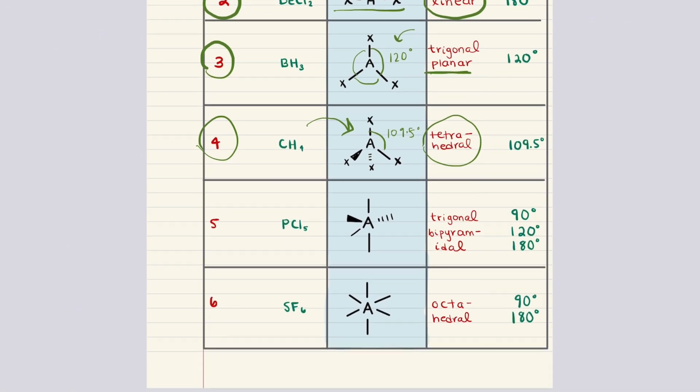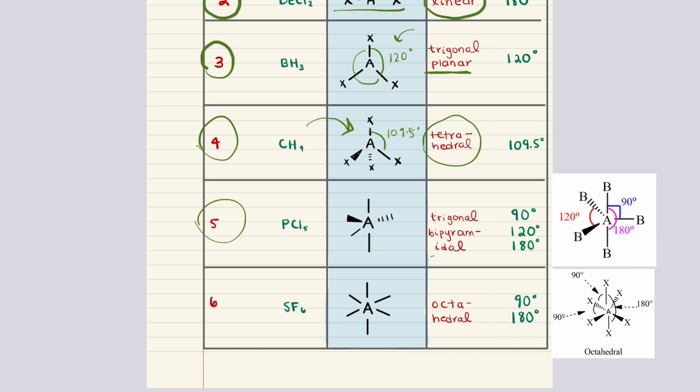With 5 regions of electron density, our shape is trigonal bipyramidal, and it looks something like this. Depending on which angles you're looking at, the bond angles can be 90, 120, or 180. With 6 regions of electron density, we have octahedral geometric arrangement, with your central atom here and 6 different bonds.